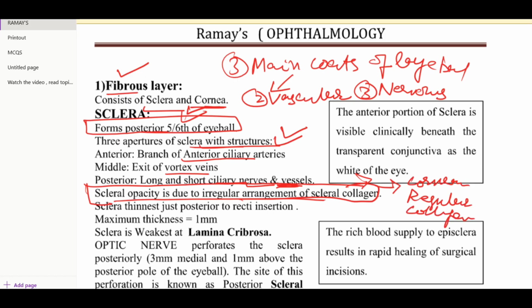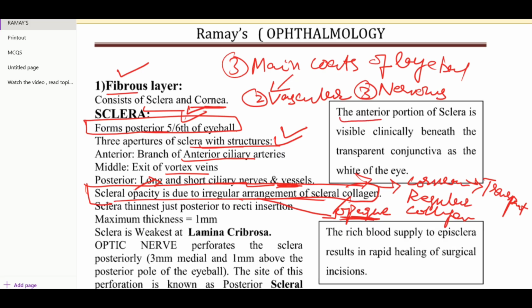That is why the cornea is transparent, while the sclera is opaque. Irregular arrangement gives rise to the opaque sclera. This is a very important point, it can be asked in the MCQs.